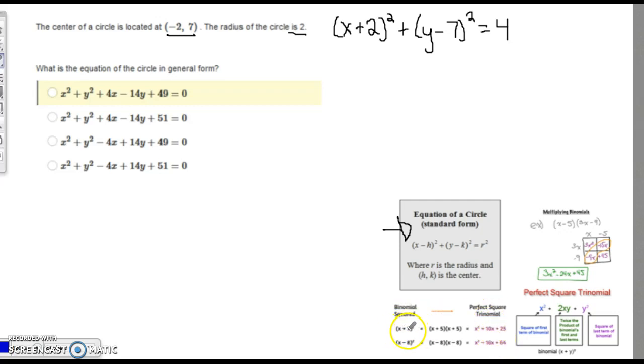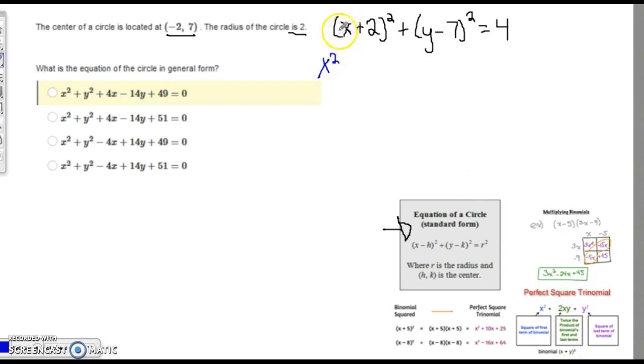If you have a perfect square binomial, which means you're multiplying the same thing times the same thing, which we do, all you have to do is the first one will be x squared. For the middle term, it says twice the product of the binomial's first and last term.